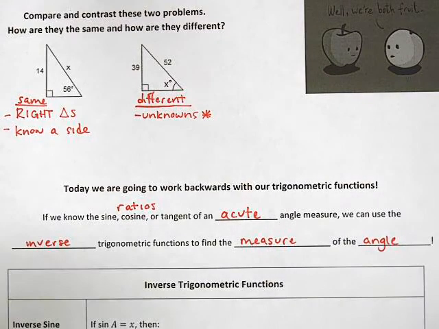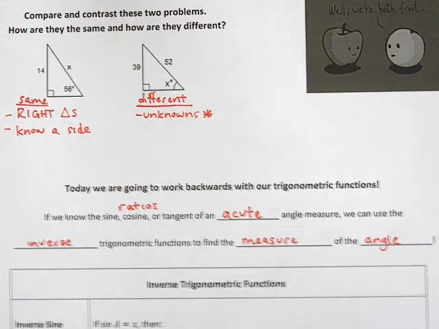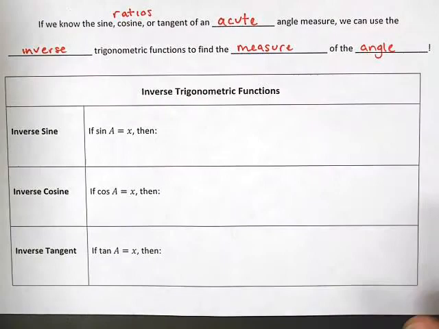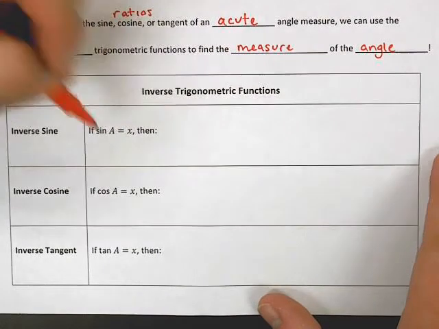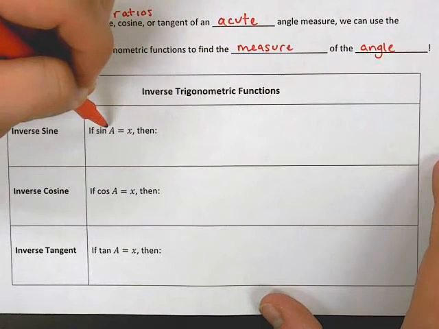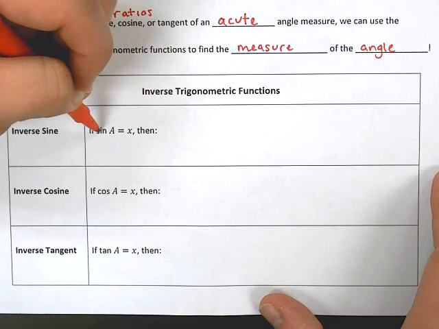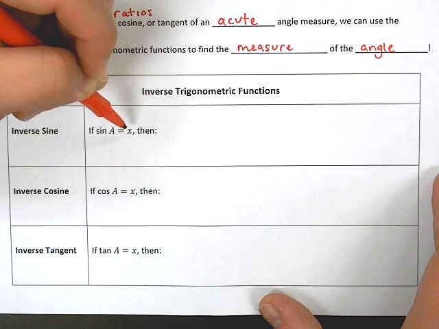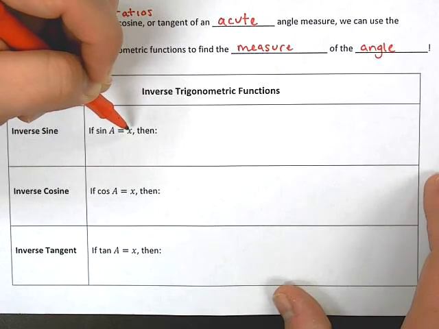Okay. So, how this will work is something like this. Normally, I would give you an angle. I would tell you to take the sine of that angle, and you'd be able to get the ratio. Well, now we're switching.